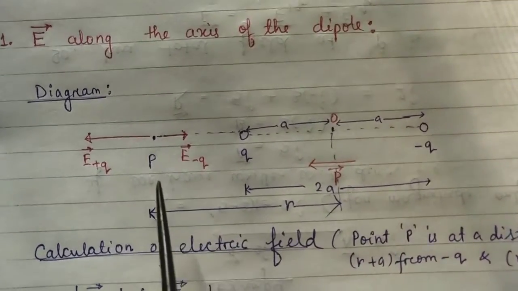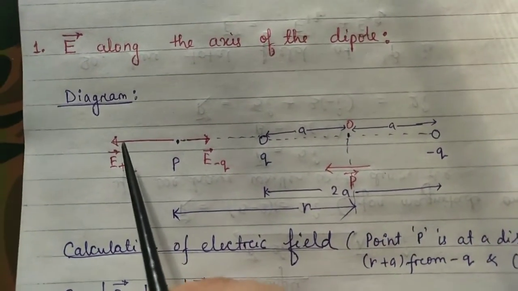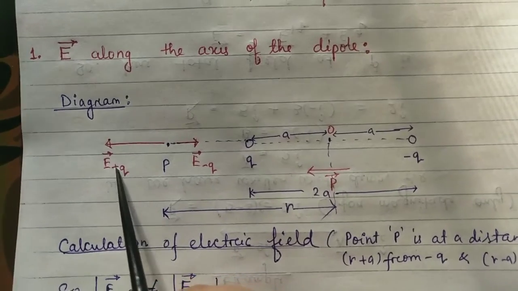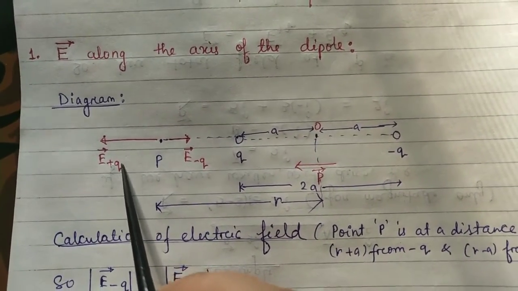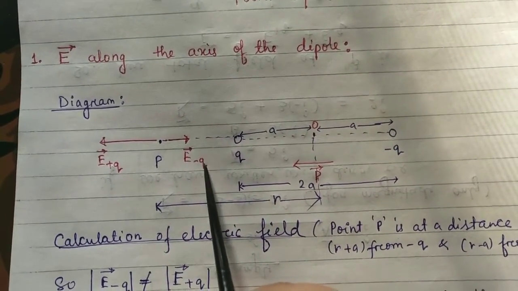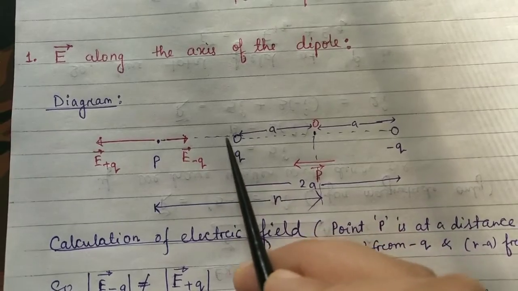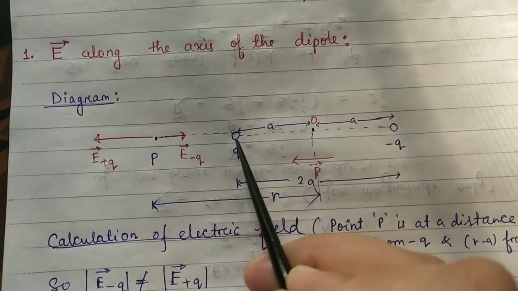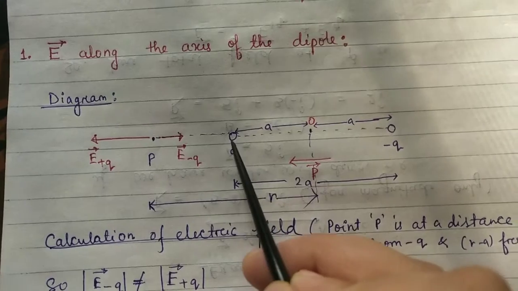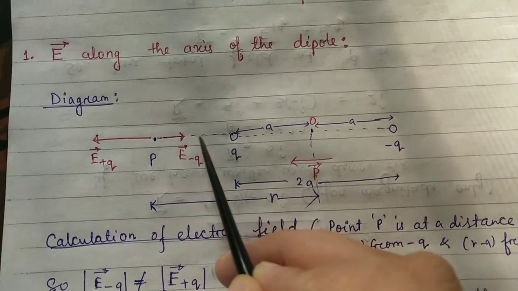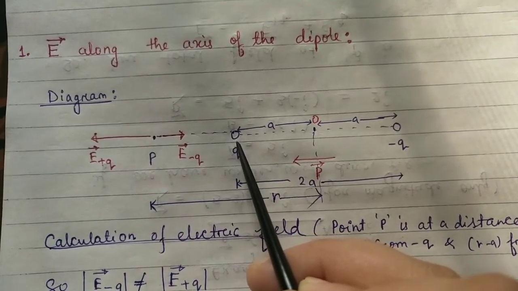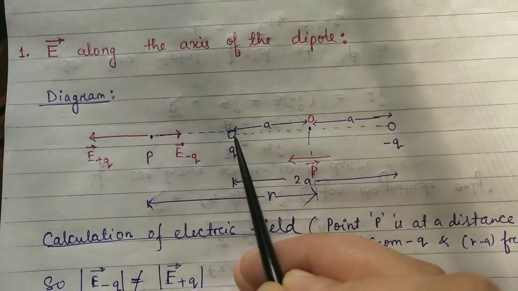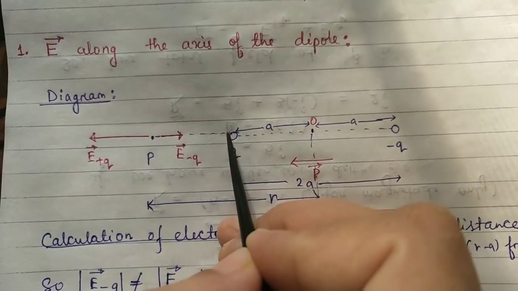Now here two things. I have used the red ink, and see, I have written two things: E vector plus q and E vector minus q. First we will see plus q. We know that the electric field for a plus q charge is radially outward. So at point P, due to the charge plus q, it will be radially outwards like this.